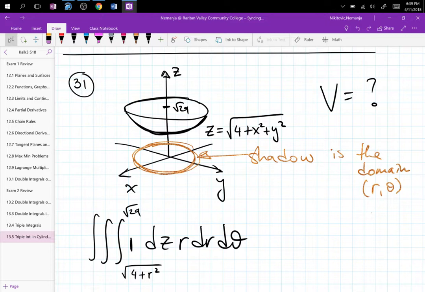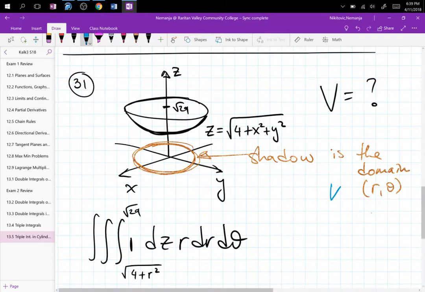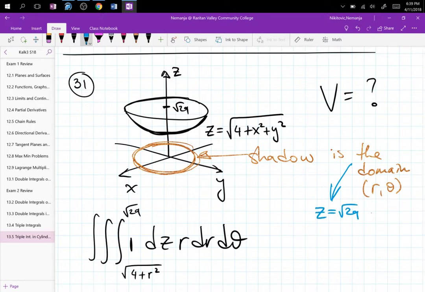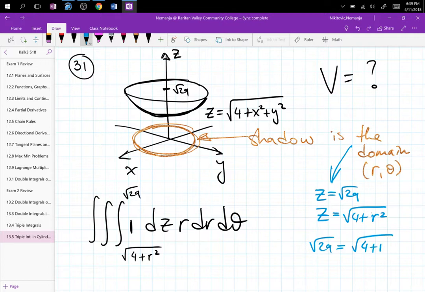So to get the equation for the circle, for the domain, I need to take z equals root 29 and set that equal to z equals the square root of 4 plus x squared plus, well, just r squared. So now I have square root of 29 is equal to square root of 4 plus r squared, from where r is clearly 5.